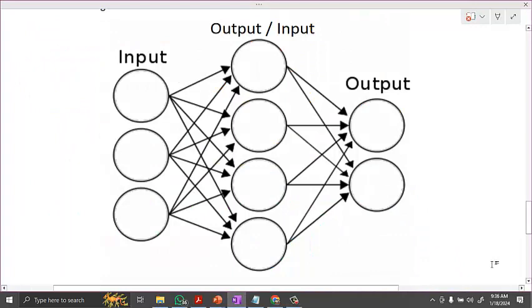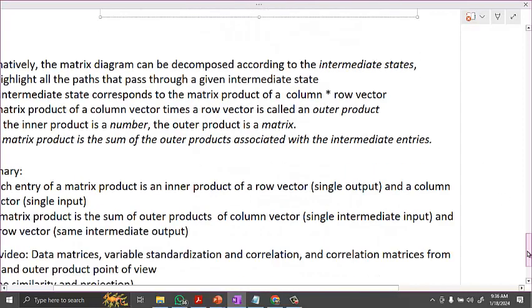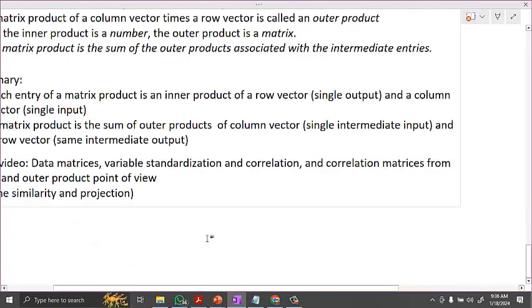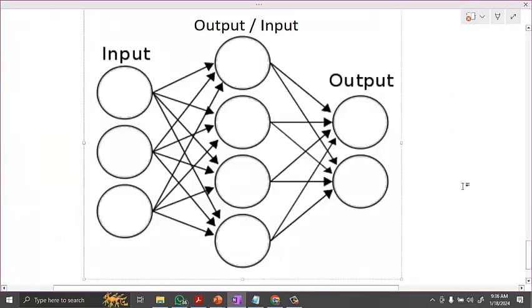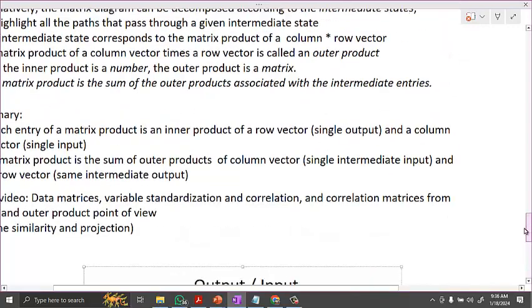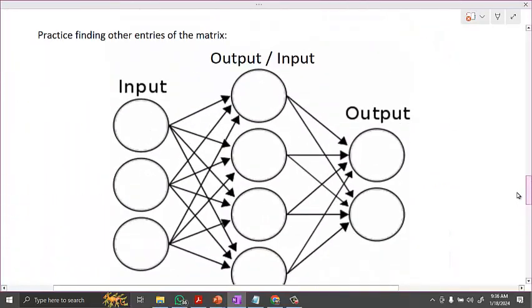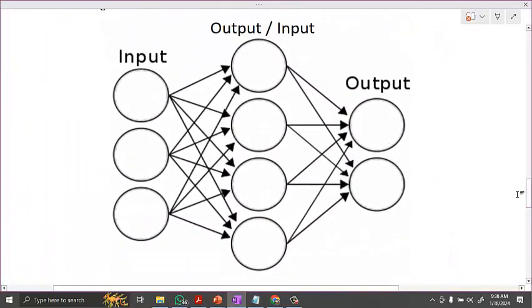Okay, so let me try to finish this discussion. I'm going to copy this picture because I'm going to use it again. So let me copy it down below. Okay, so let's think about these lines and how we're going to label these lines.